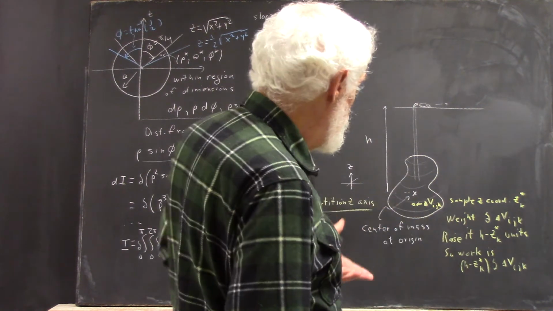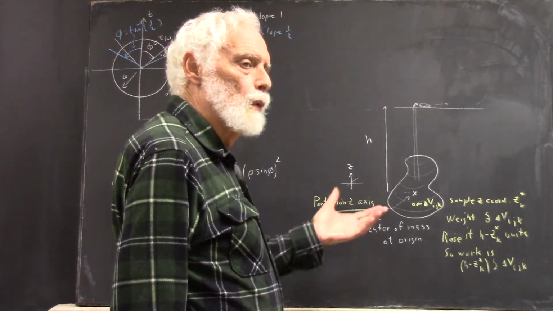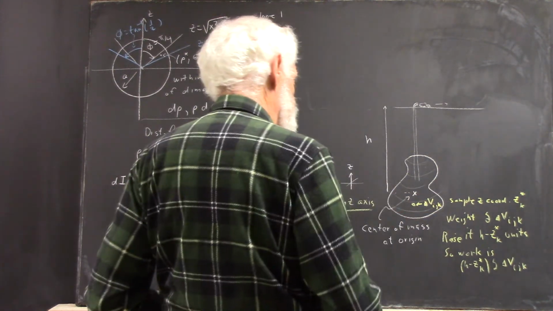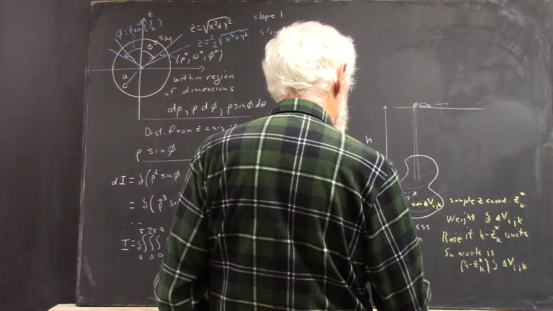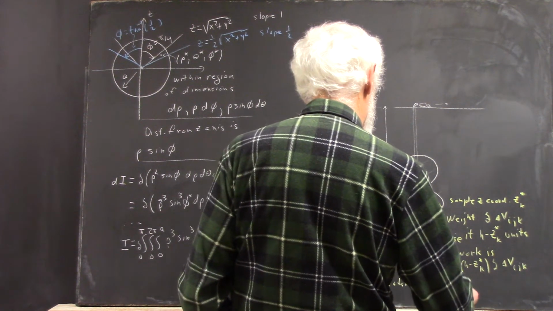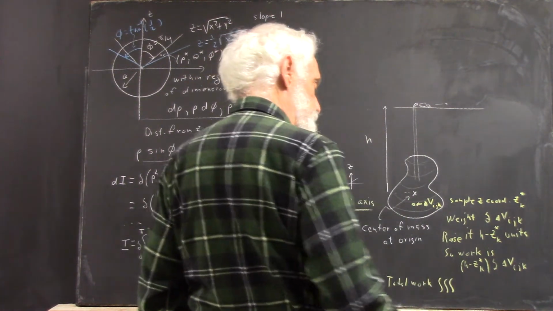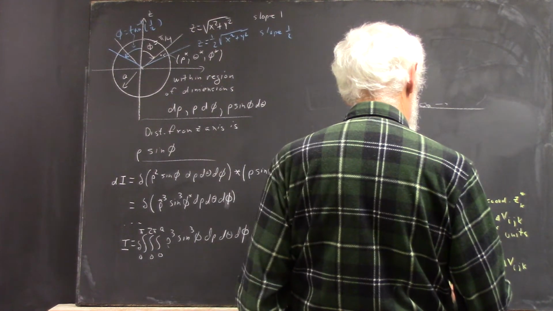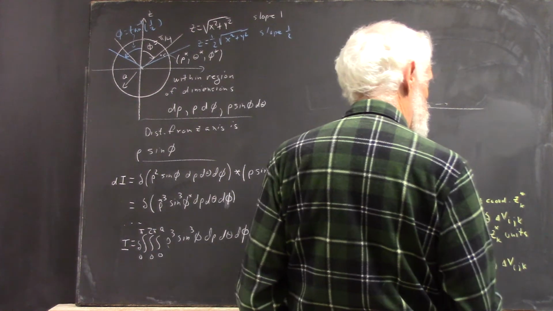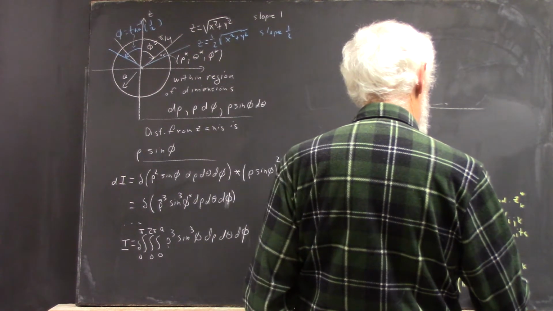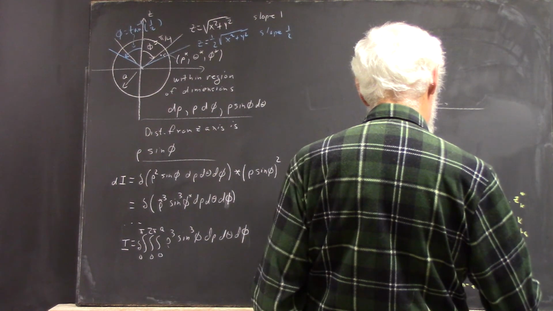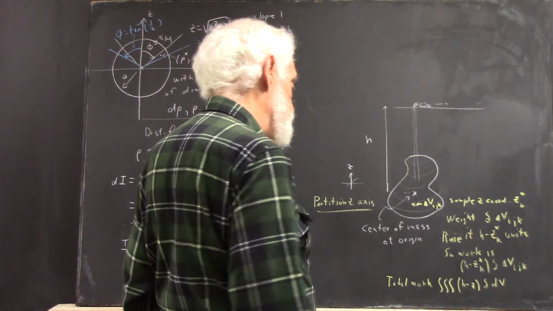Now, whatever coordinate system you use for a typical plane perpendicular to the z-axis, the total work is going to be the triple integral of h minus z times delta times dV.